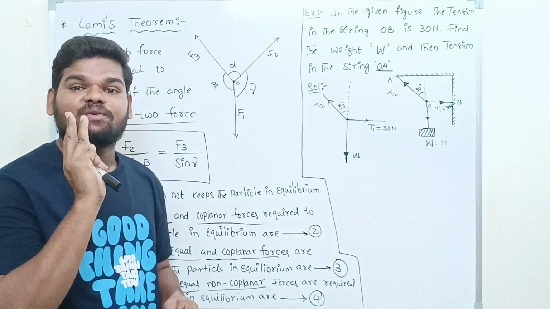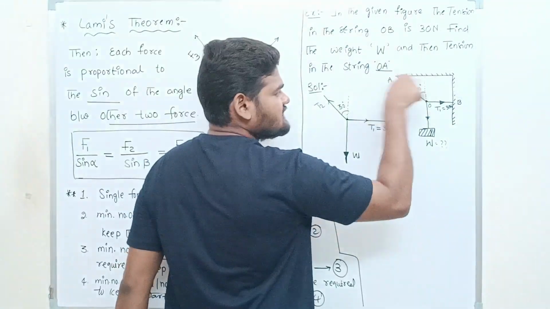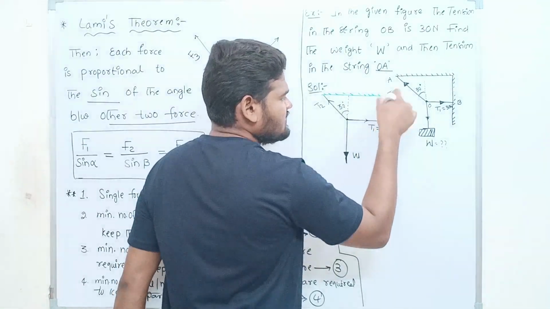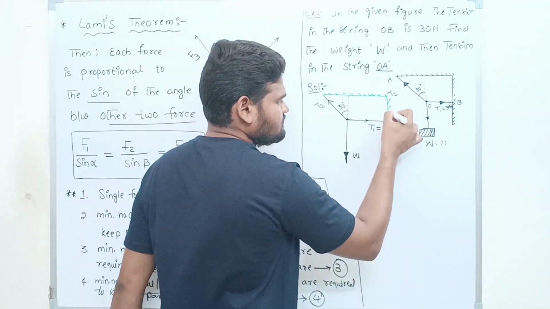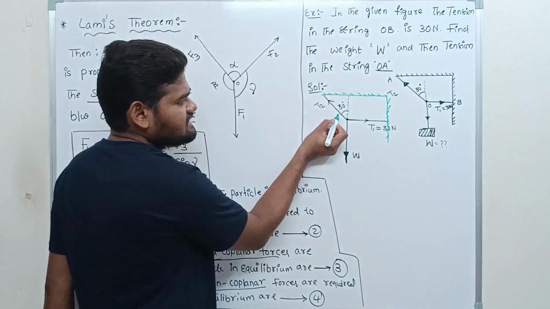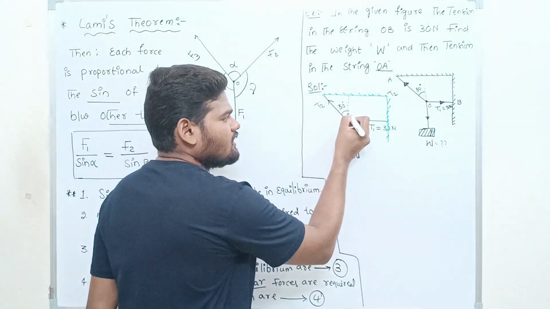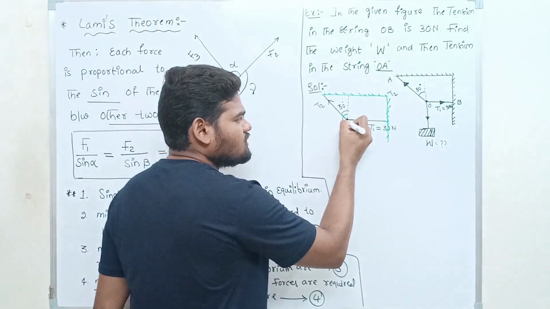3, 2, 1, go. This end is like this, and this end is like this. So this angle is how much? 30 degrees. This angle is also 30 degrees. Now the angle between these two lines. Have a look.